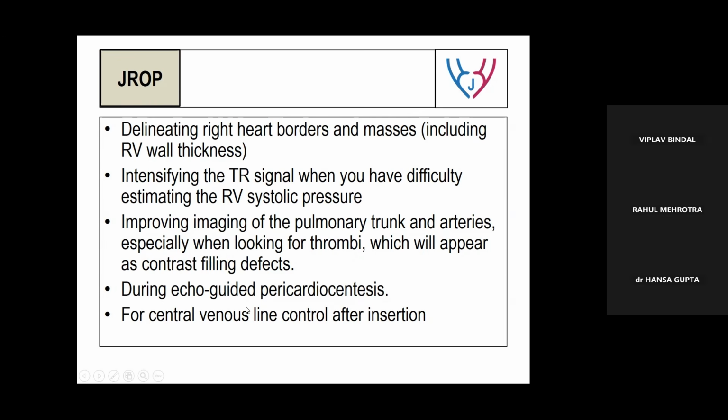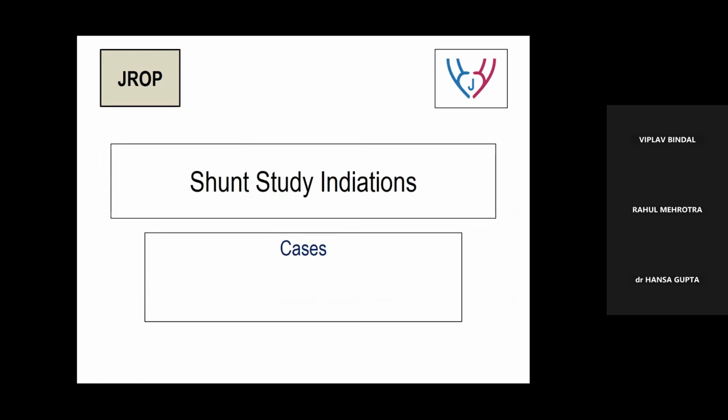And guided pericardiocentesis: I have not used it for pericardiocentesis, but I've used it for therapeutic purposes when a patient presented with shock with pericardial effusion. So let's see examples one by one.